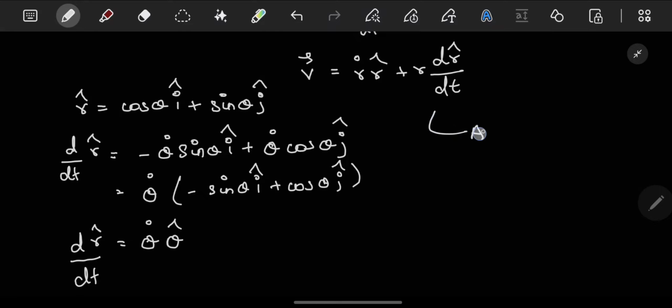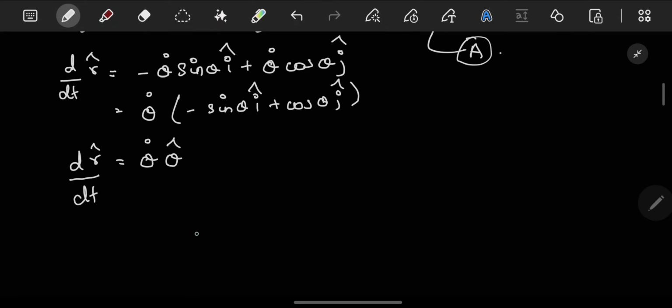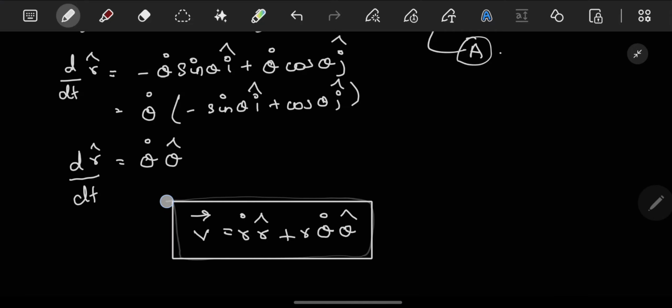We'll substitute this value in equation A, that is velocity. We'll get v vector is equal to r dot into r cap plus r into, instead of d by dt of r cap, theta dot into theta cap. This is the equation for velocity in polar coordinates.